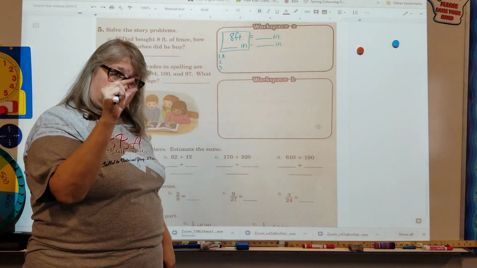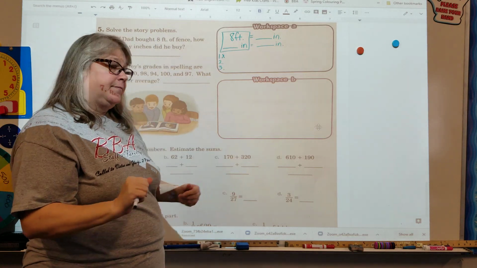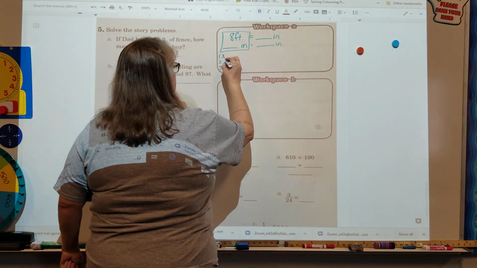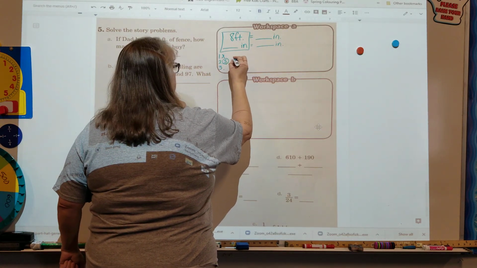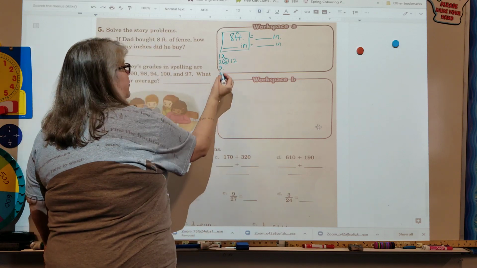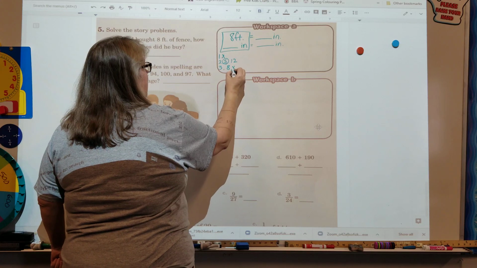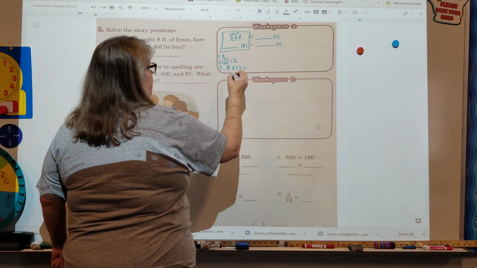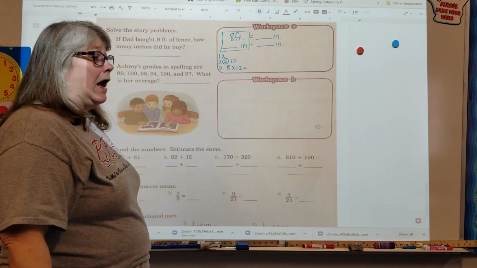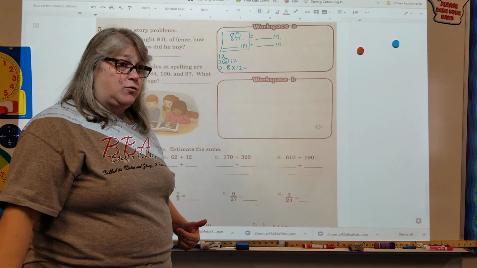So how many inches are in a foot? Hopefully you got that right and said 12. Our special number here is 12. So now what we're going to do is say 8 times 12 equals. Now, I hope you remember what 8 times 12 is.